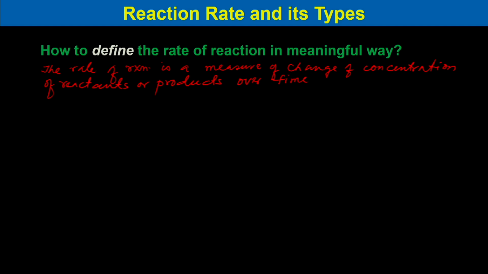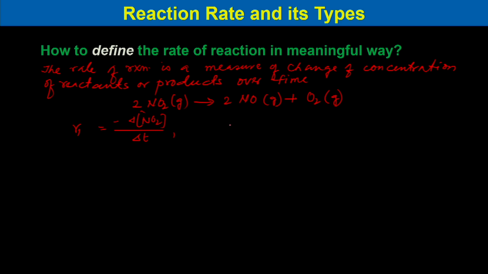Suppose we consider the reaction 2NO2 gas forming 2NO gas plus oxygen gas. We can write various rates. R1 is equal to minus delta concentration of NO2, change of NO2 or mole change of NO2, by delta t.